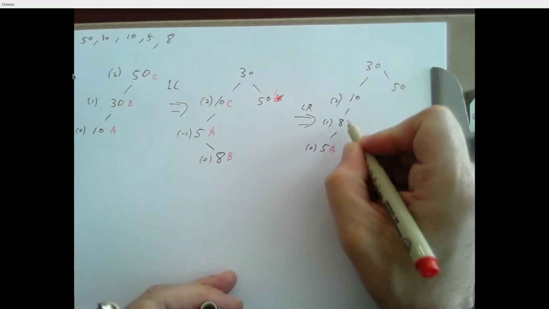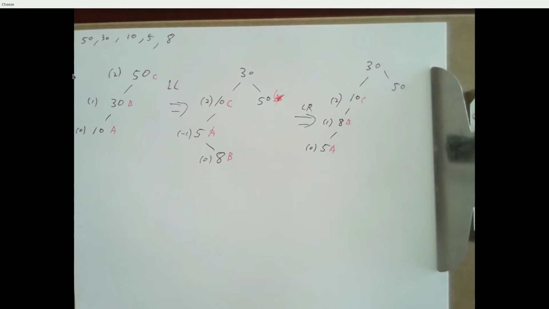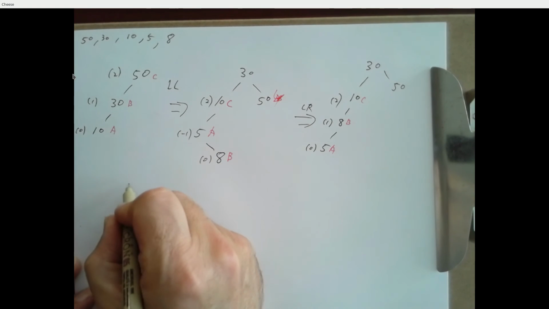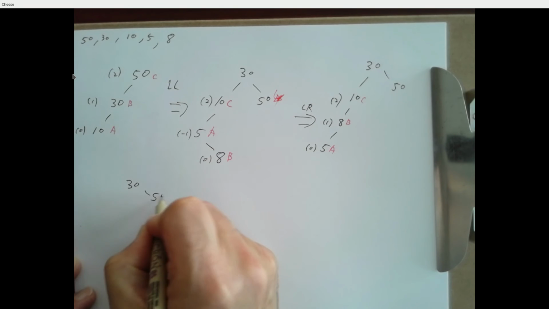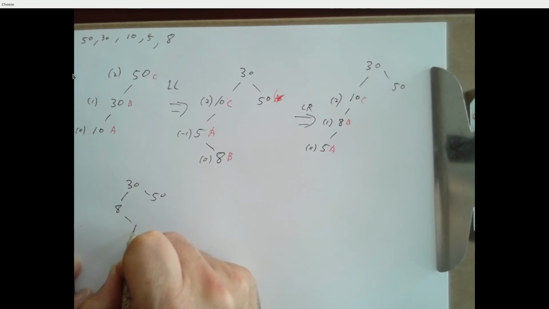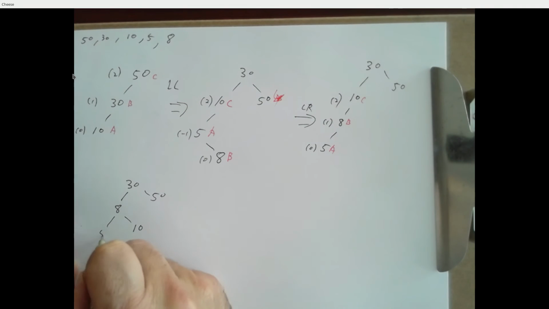So this is A, B, C, and there's still no subtrees involved, so we're just going to bring C down to the right child of B. The 30, 50 don't change, so B will become the root, C goes off to the right, A stays to the left.